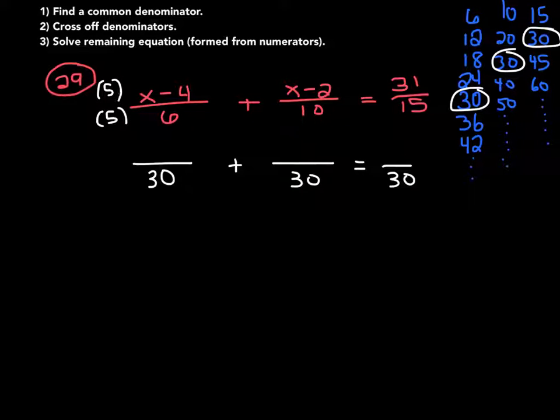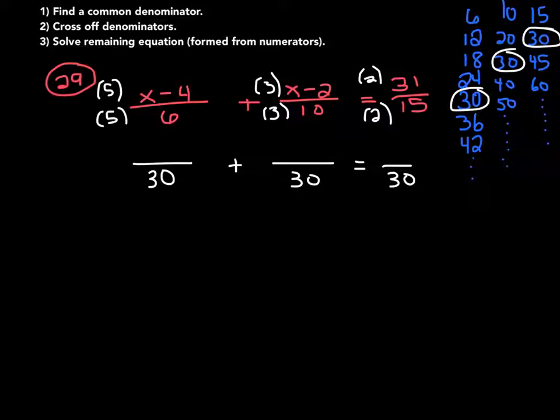If we look at the second fraction, what do we need to multiply this denominator by to make it a 30? This time we're going to multiply it by 3. So if we multiply the denominator by 3, we're also going to multiply the numerator by 3. And in our last fraction, we need to multiply this 15 by 2 in order for it to become a 30. So I'm going to multiply top and bottom of this one by 2.